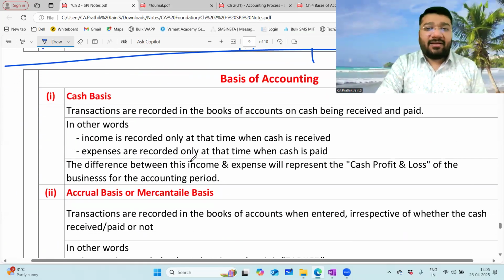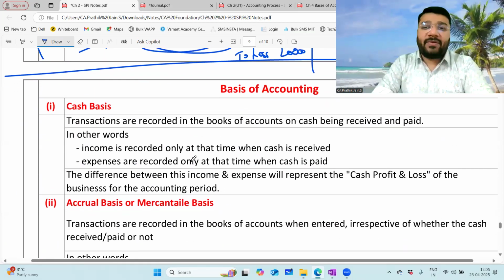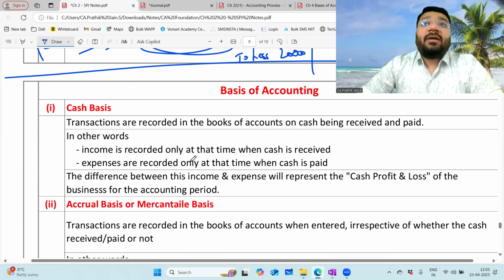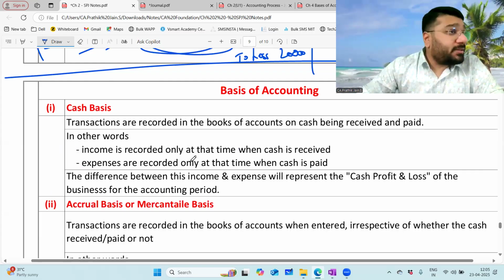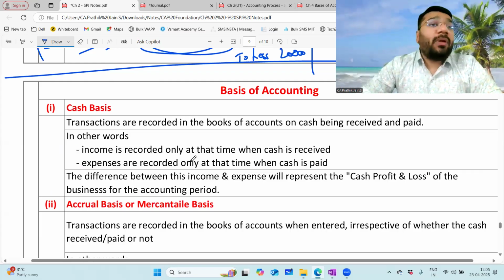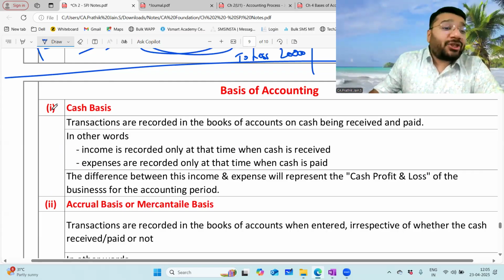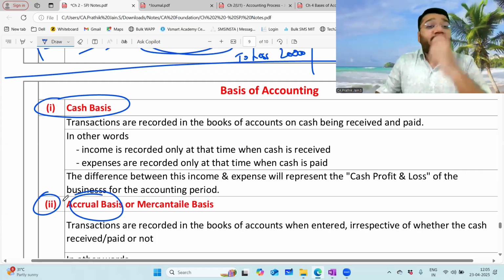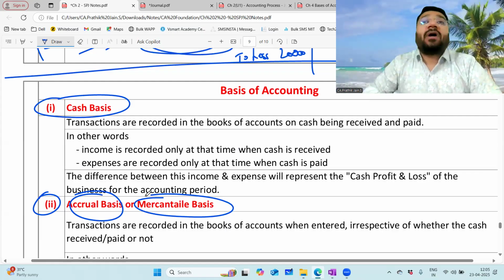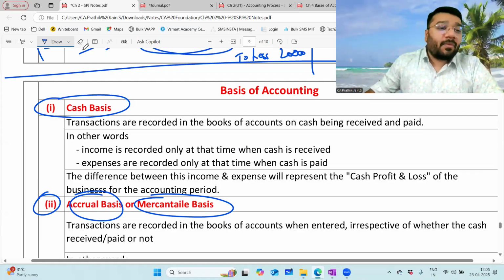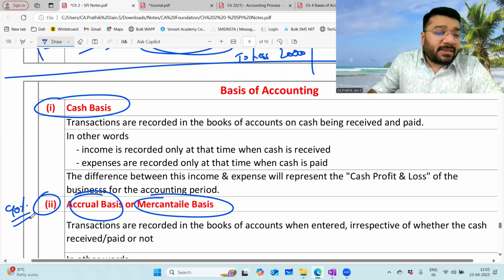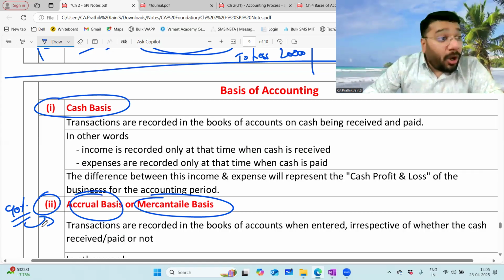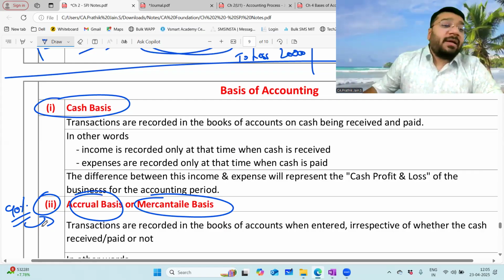Yes, sir. Now comes the most important point, which is the basis of accounting. Any business entity or enterprise that wants to do accounting can do it either on cash basis or on accrual basis. Accrual basis is also called the mercantile basis of accounting. 90% of businesses are forced in some way or the other to do accounting on accrual basis.